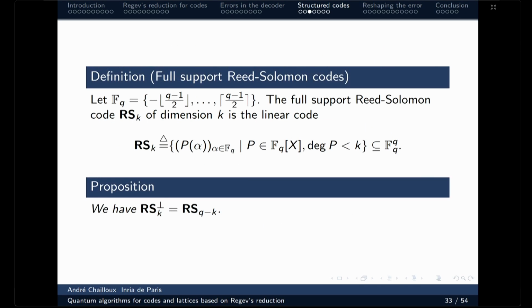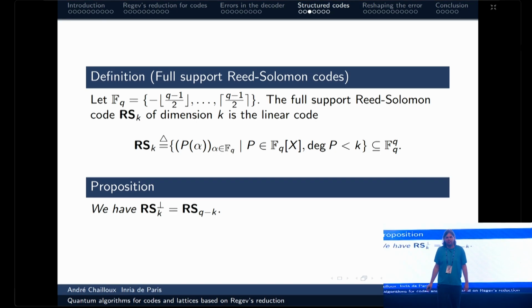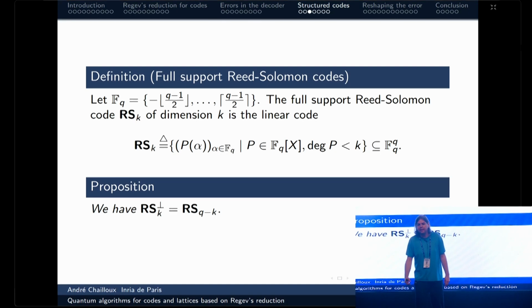So just briefly, to see how an instantiation like this would work. Here we look at full support Reed-Solomon codes. You take a finite field, and a codeword of a full support Reed-Solomon code is just the images by a polynomial of degree at most k minus 1 of all the elements of the field.